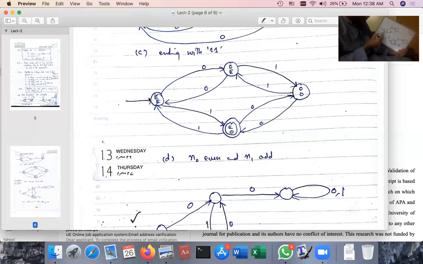So 0 0 1 and 1. So what I can do, maybe, 0 0 1, I can move 1 here and then 1 here. Yes. So 0 0.